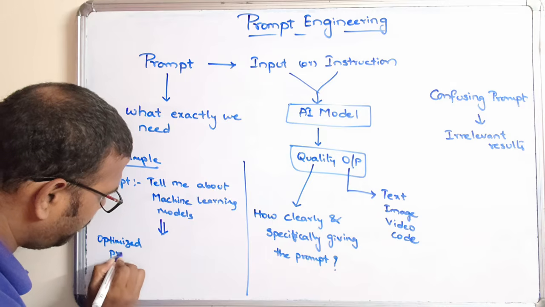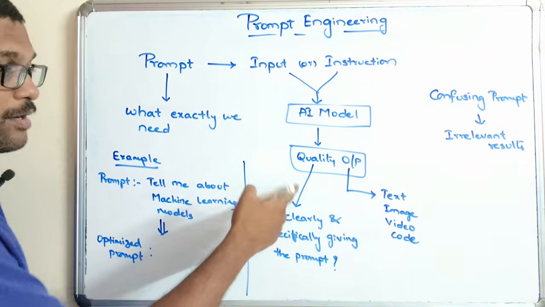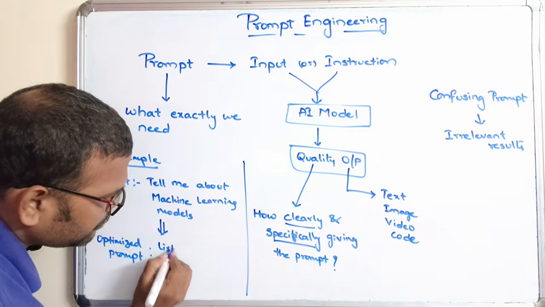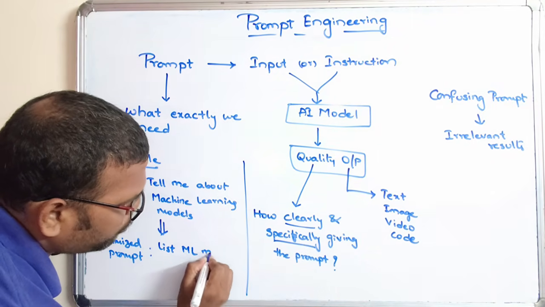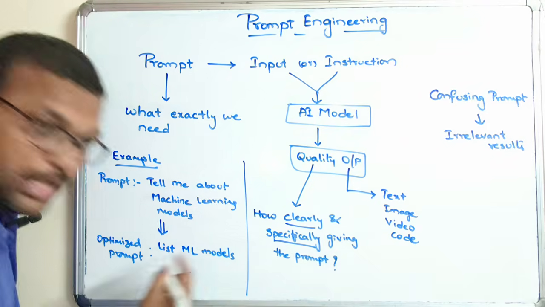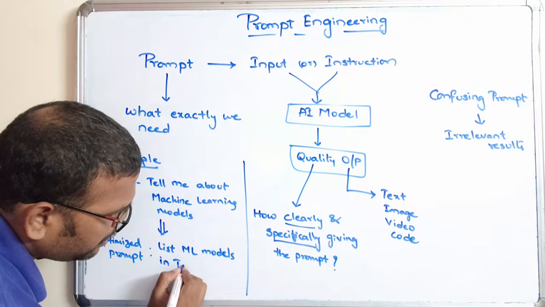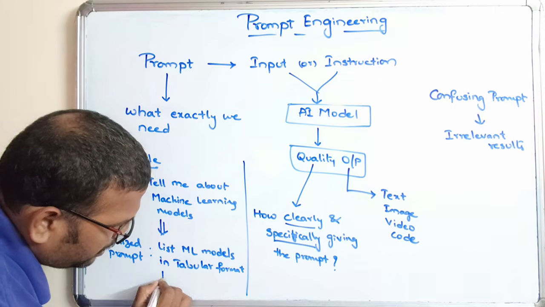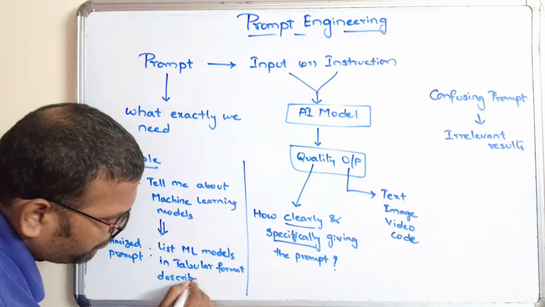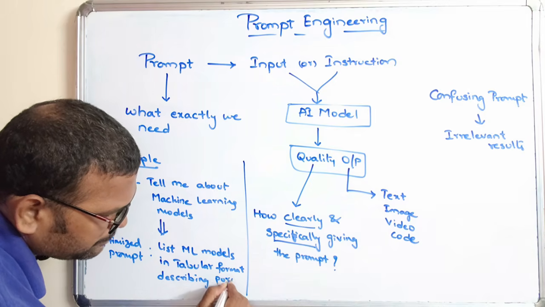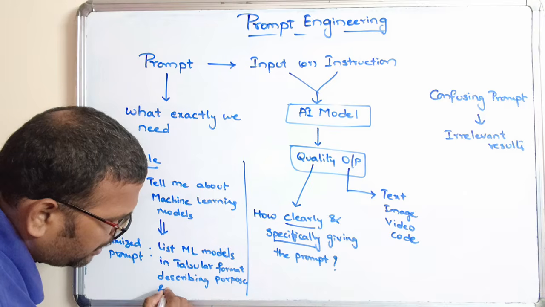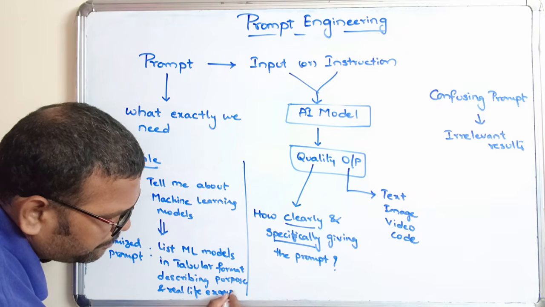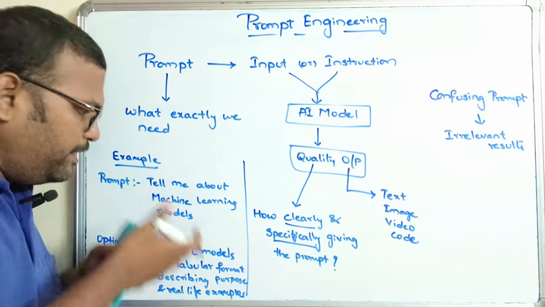The optimized prompt is clear and specific: list ML models, where ML means machine learning models, in tabular format, describing purpose and real life example.